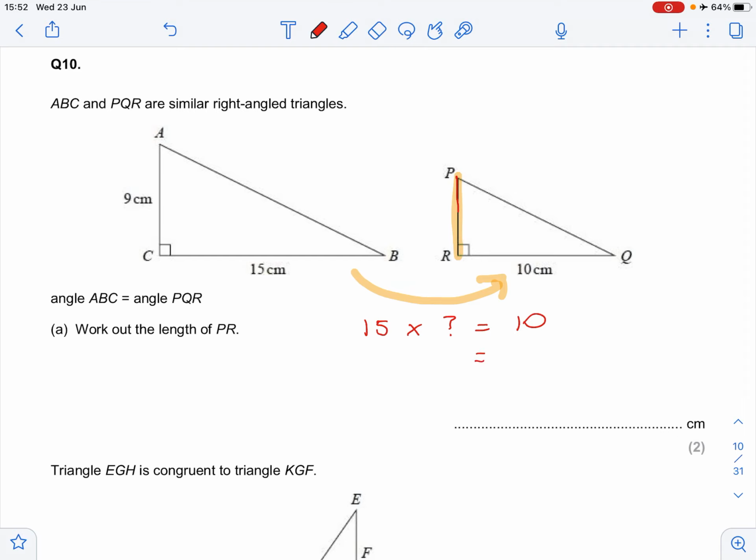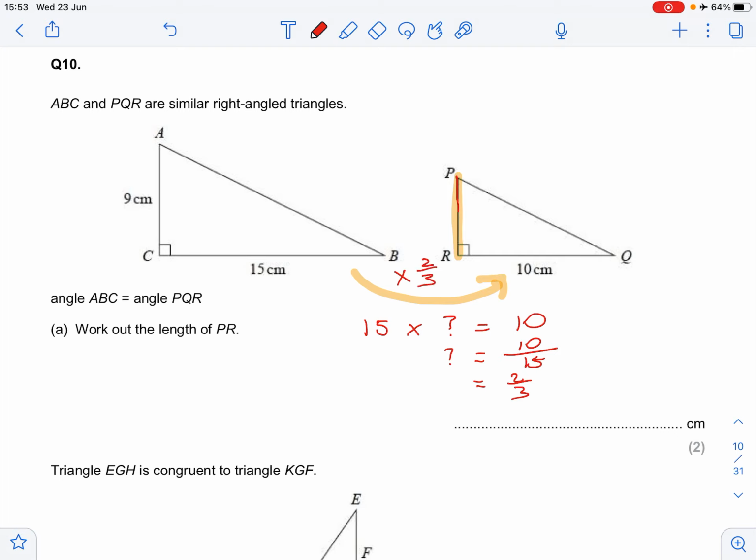So this is the same as 10 divided by 15. So it's 2/3. To get from here to here, we must multiply by 2/3.